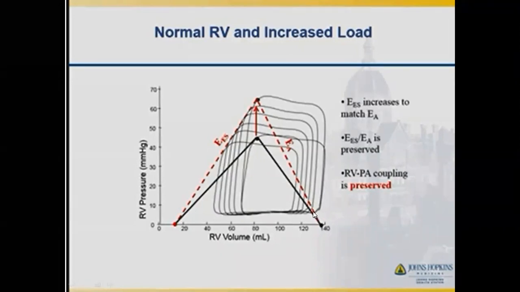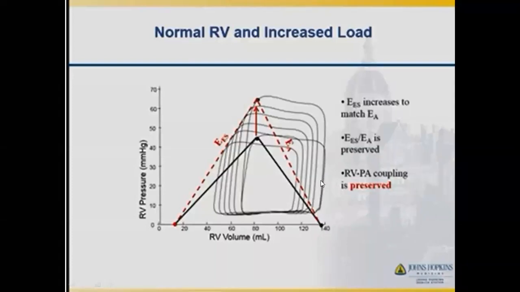So there is a little isovolumic contraction and isovolumic relaxation in the RV when compared to the LV. There is usually a change in volume. So the isovolumic contraction and relaxation is shorter when compared to the LV. So with rising pressure, the RV starts to eject blood, and this distance from here to here is the stroke volume.